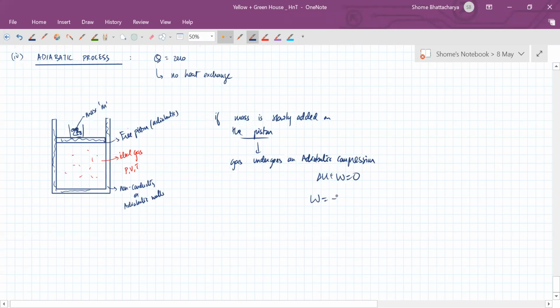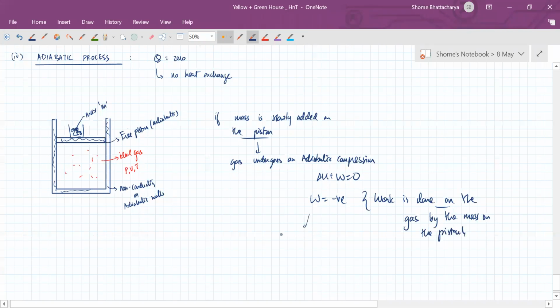So W will be negative because work is done on the gas by the mass on the piston.